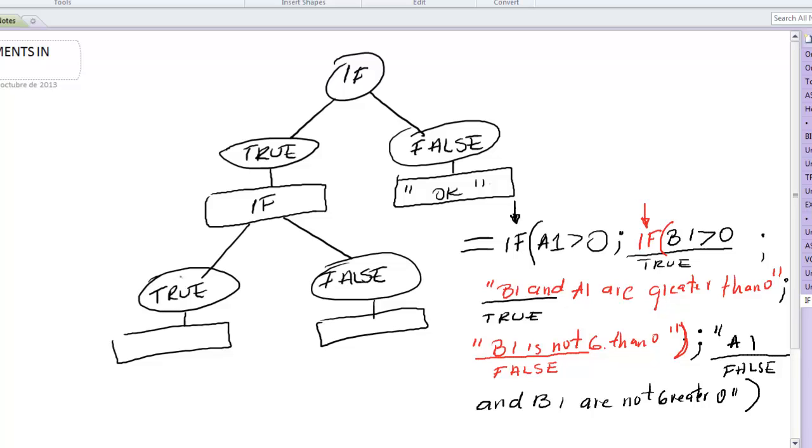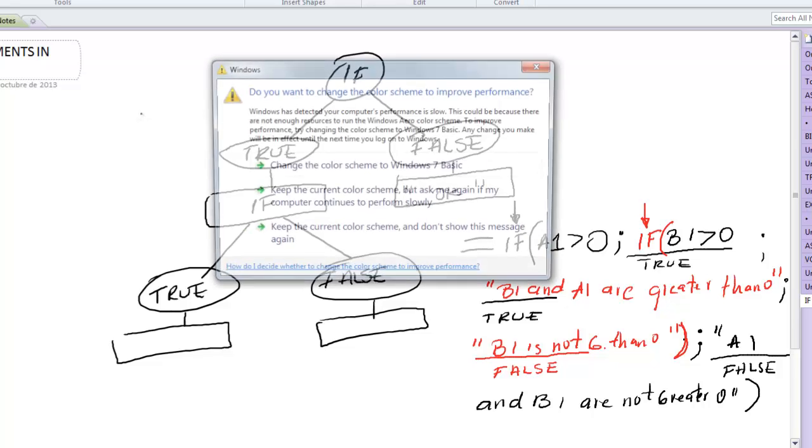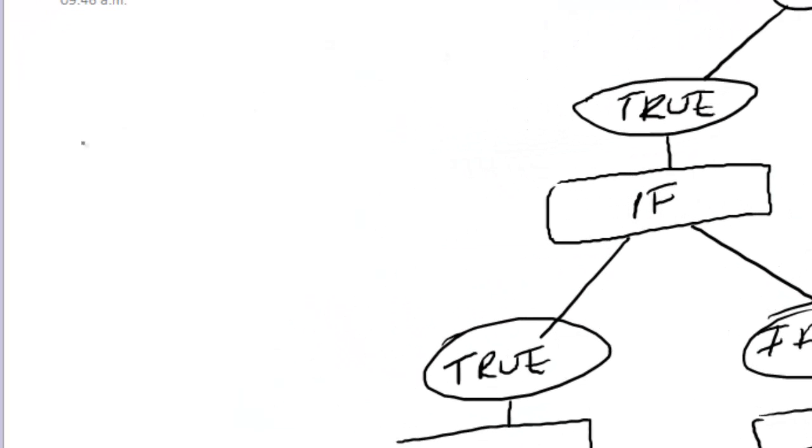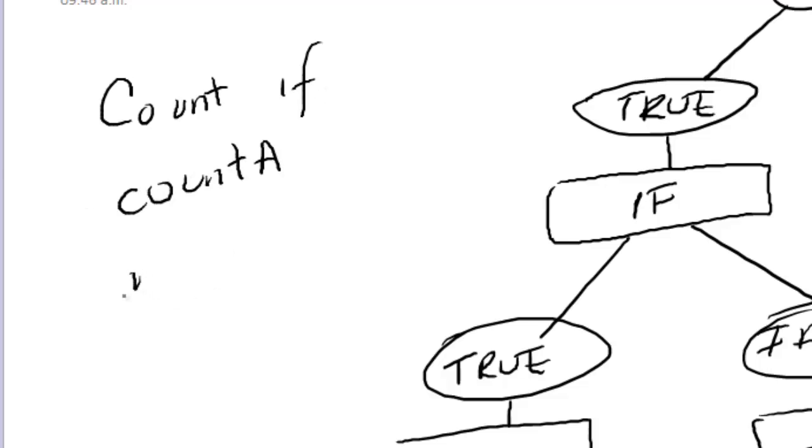Okay? Now this tutorial is going to allow you to develop the exercise for the class on week 8. And we're going to see that you're going to need a couple of simple ifs, and some other functions like count if, okay, count A, and count blank.